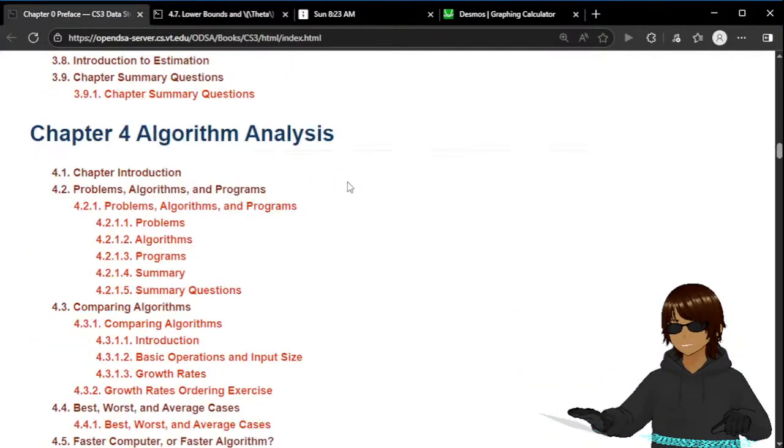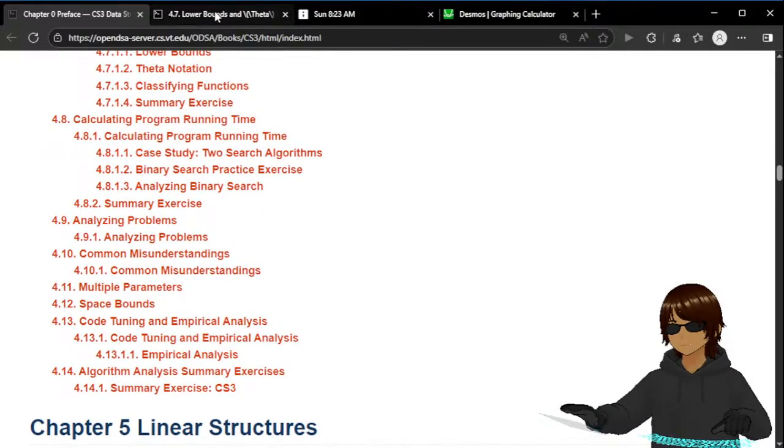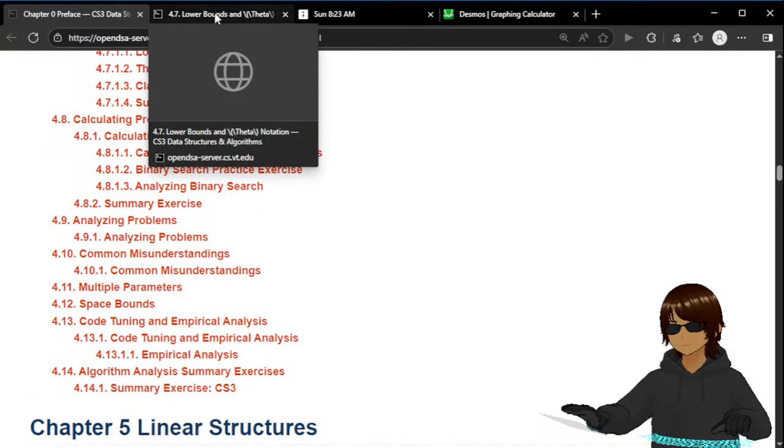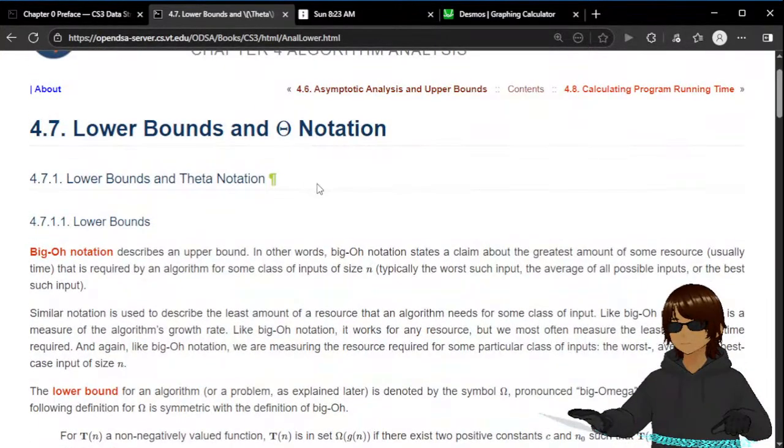Lower bound and theta notation. Okay, this is going to take a long time. Big O notation describes the upper bound. In other words, big O notation states a claim about the greatest amount of some resource that is required by an algorithm for some class of inputs of size n.